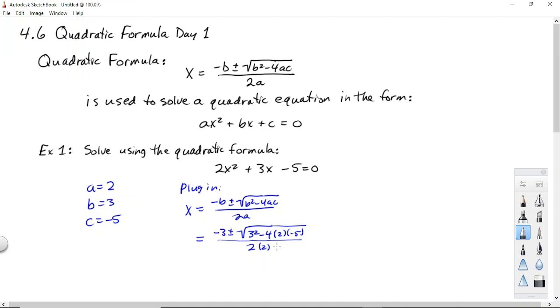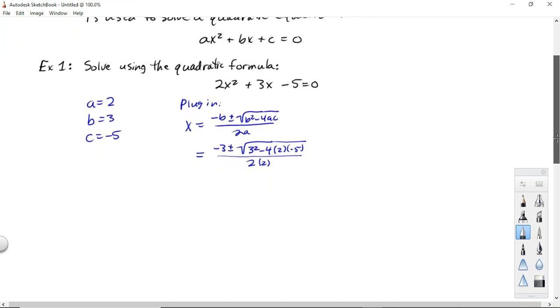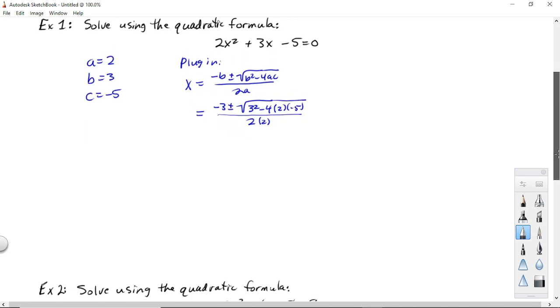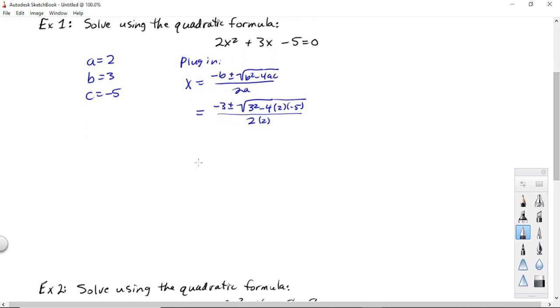Okay, so far so good. We've got everything plugged in. Scroll this up. Now we just simplify all this. Okay, so that's negative 3 plus or minus. We've got this square root here. So 3 squared is 9. And now this is going to be a negative times a negative, so it'll be positive. 4 times 2 is 8.